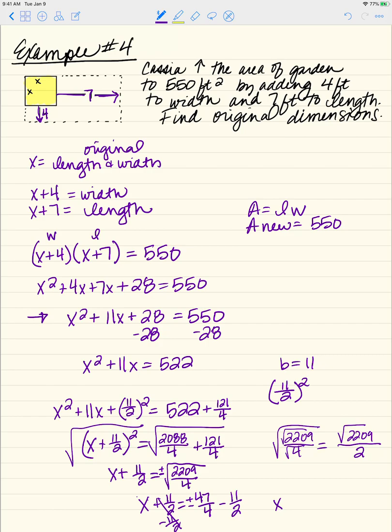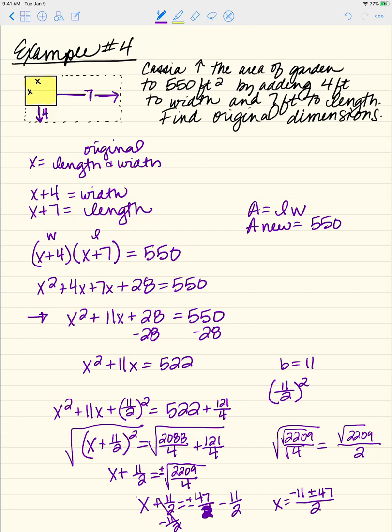X is equal to negative 11 plus or minus 47 over 2. Oh, and this should have been 2 right here. Sorry. 2, 2, 2, because the square root of 4 is 2. Okay? So x is equal to negative 11 plus or minus 47 over 2.